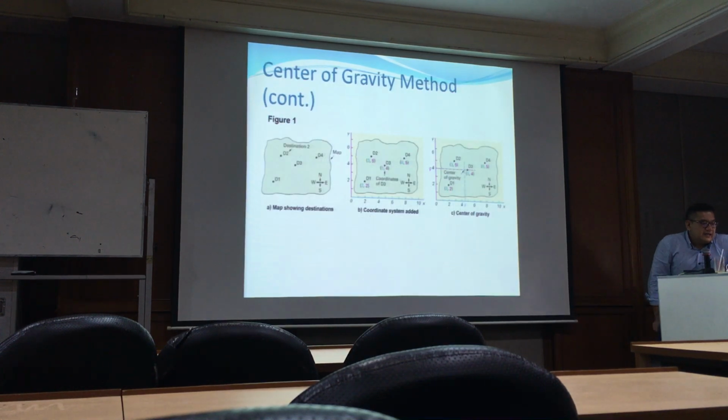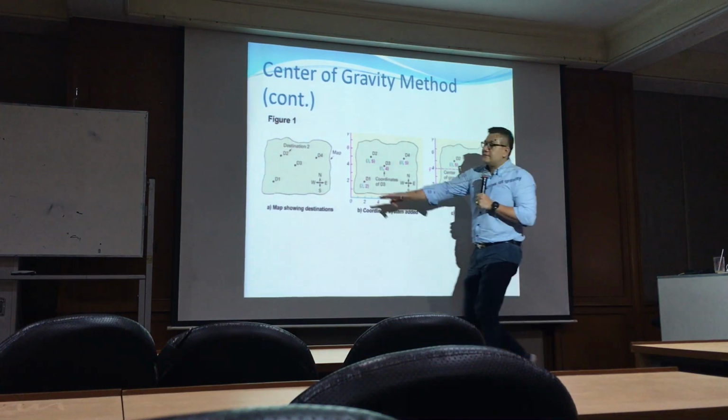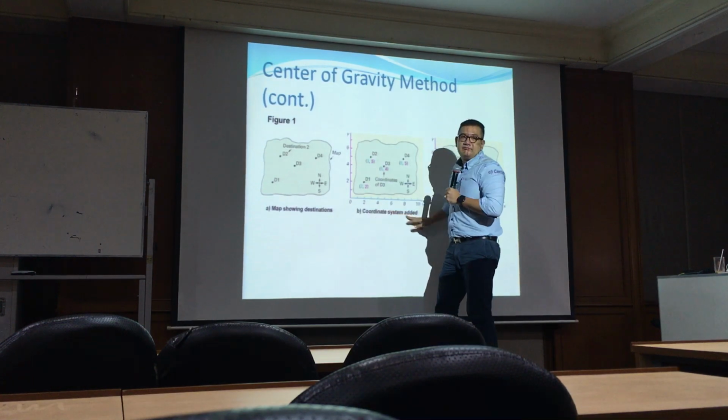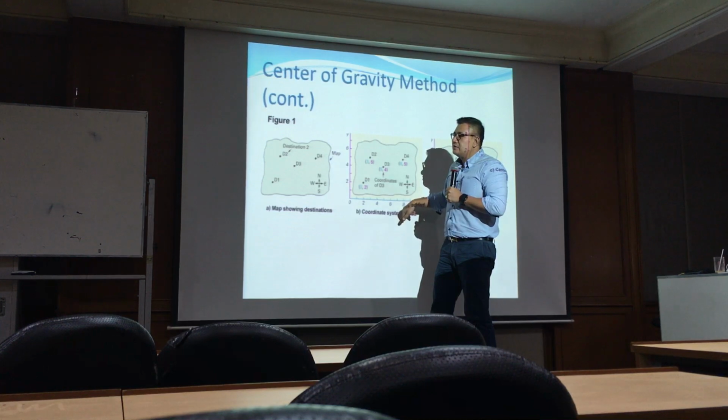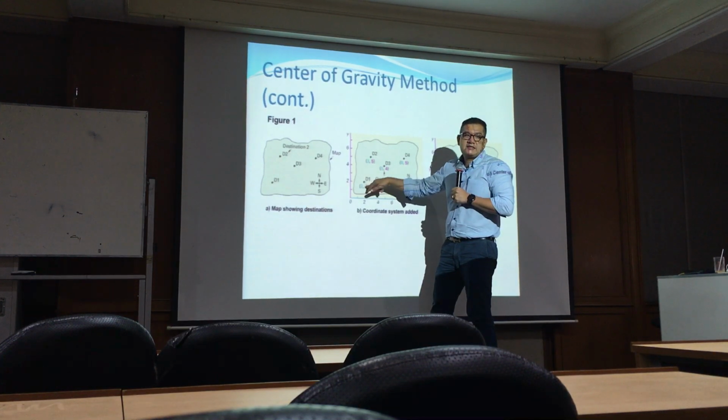For example, in this case, first, this is the map, right? You have the map on the left-hand side, and then you develop your axes arbitrarily. For example, I want the coordinates to be all positive because it's easier to calculate. So from the map, I'm just drawing the axes to project the coordinates for each destination.